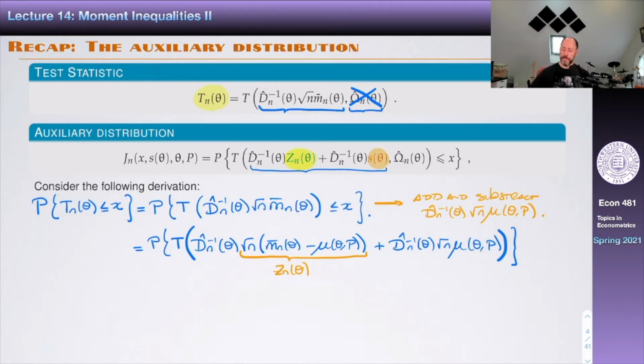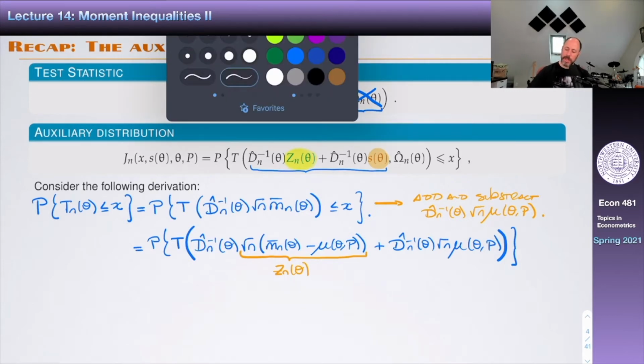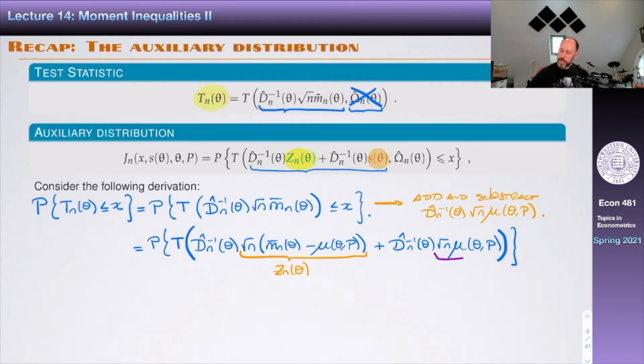But it doesn't matter. And then in the other part, we have this term here that we said is hard. Hard because if we estimate this by square root n m bar, which is the usual estimator for square root n mu, then the difference between the square root n m bar and square root n mu is big O_P(1). It doesn't converge to 0. It's actually normal, we said, right?